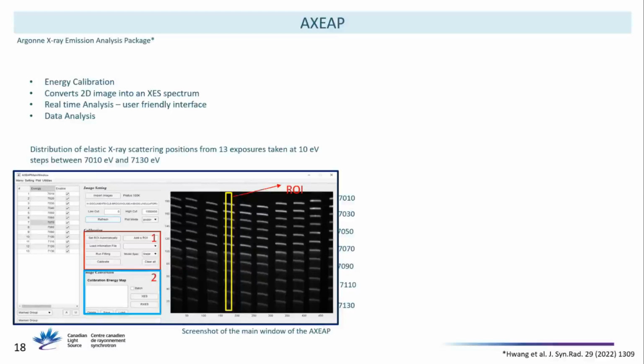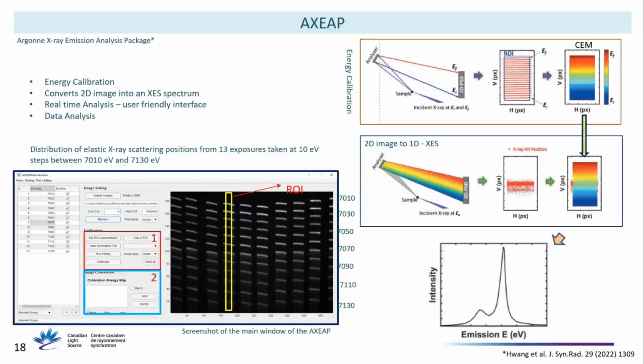Once you have uploaded all of them, you select a region of interest. Then initially we need to do a fitting. Because we have only 13 energies, we need to fit to the whole range from 7,000 to 7,130.